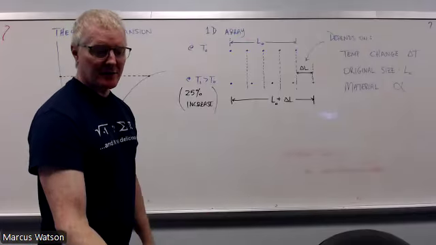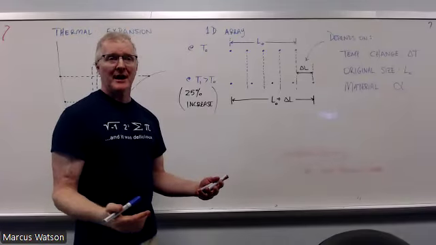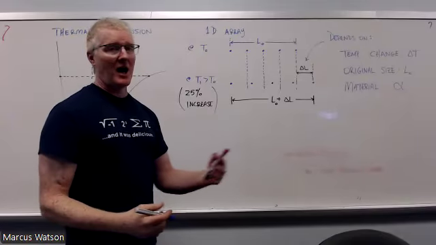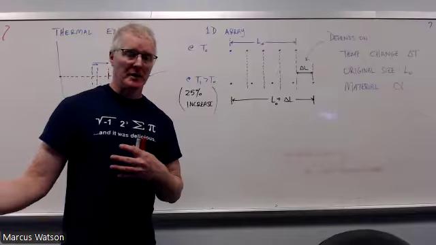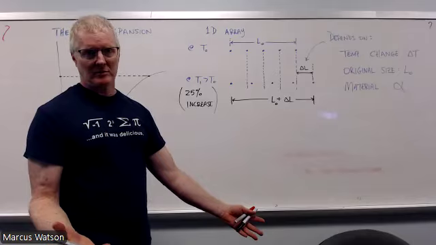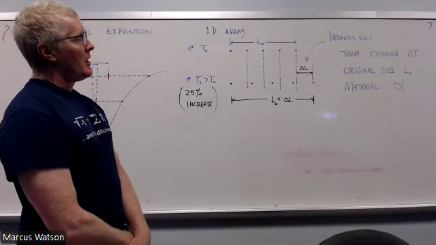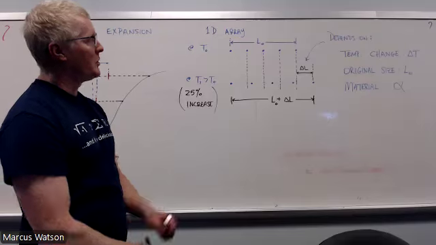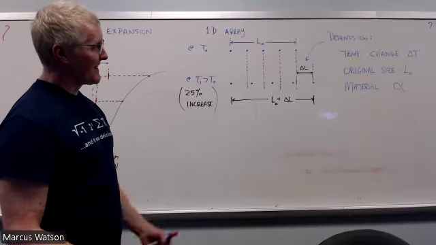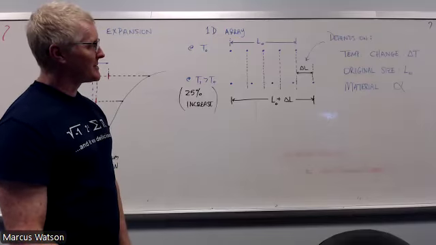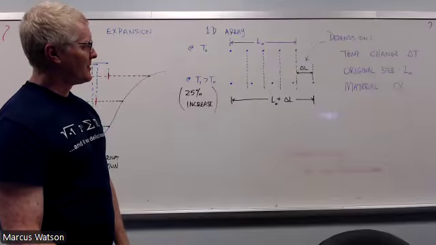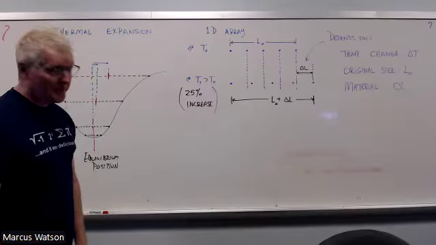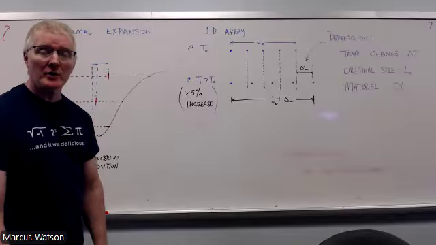Brass expands at a different rate than iron. And iron expands at a different rate than copper, than aluminum, whatever have you, okay? So with all of this together, we can arrive at a pretty interesting description mathematically of what's going on with thermal expansion.